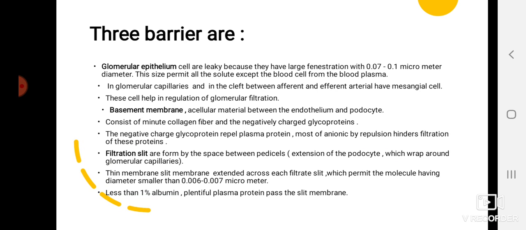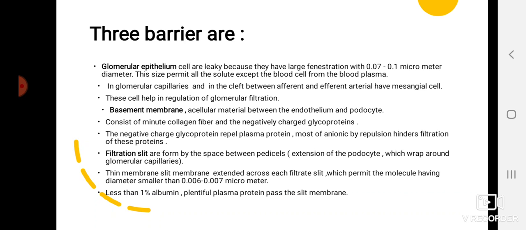When mesangial cells are relaxed, the surface area is maximum, that is, the surface area of the glomerular capillary. When these mesangial cells are relaxed, the surface area in the glomerular capillaries increases.